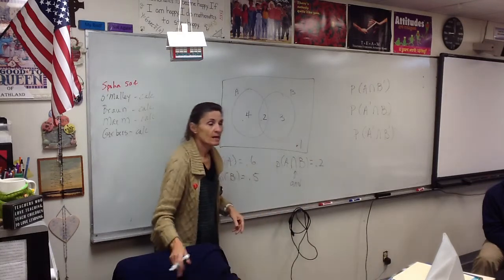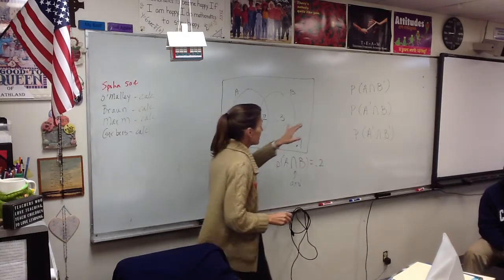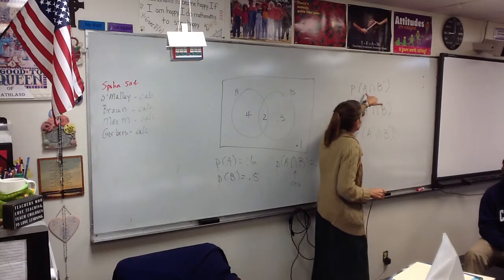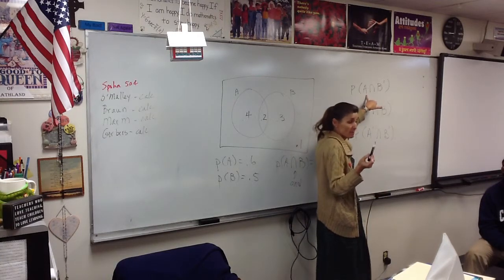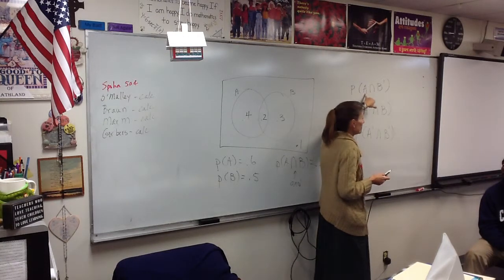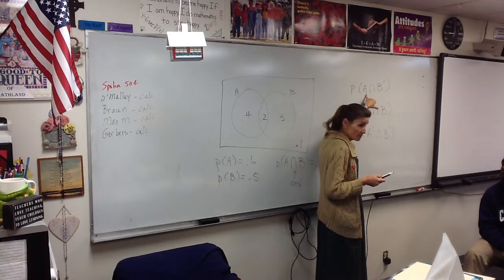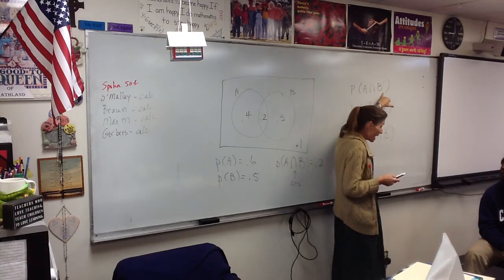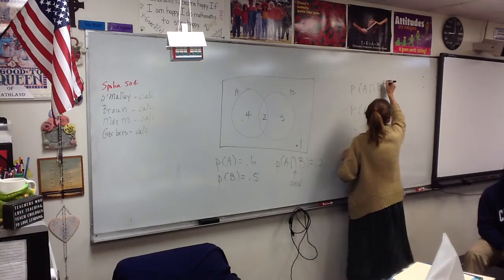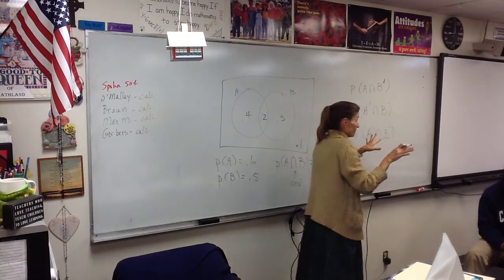All right, so here we go. This says, if we go back to our peanut butter and jelly, find the people who like peanut butter but don't like jelly. This little notation means not.